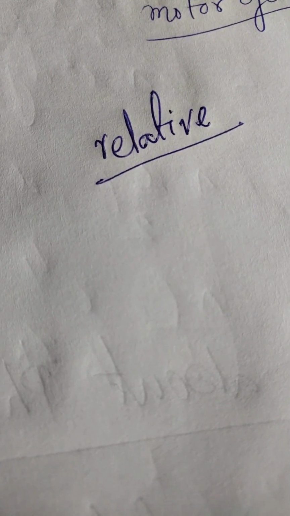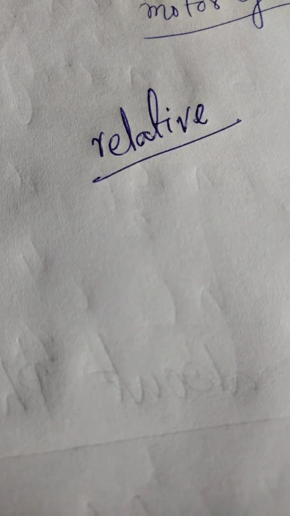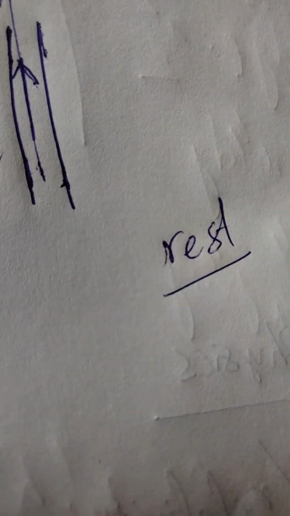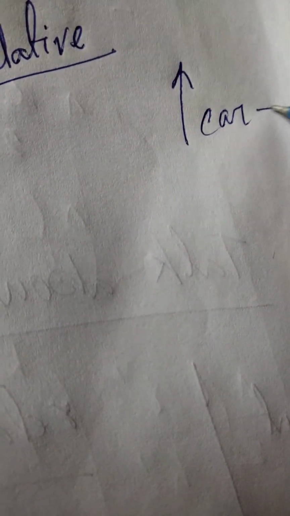Still, in classical mechanics we can say that if there is nothing, you cannot say anything. Now the biggest question: if we can say something is at rest, with which logic? With respect to what? Like I am saying that this car is in motion because there is something which is at rest.